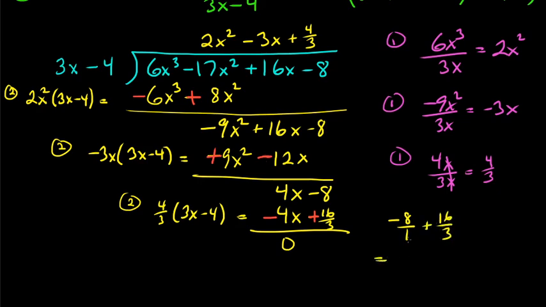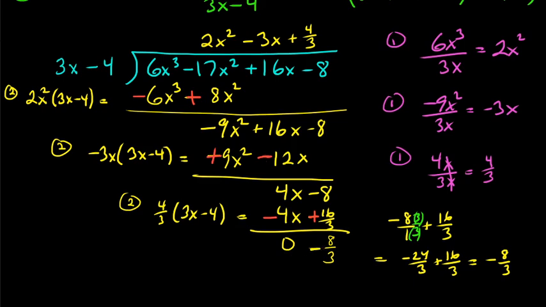Right, so our common denominator here is 3. So see what I did here? I just multiplied top and bottom by 3. So that's where I got the negative 24 over 3 plus 16 over 3. This is just negative 8 over 3. Oops, sorry, negative 8 over 3.